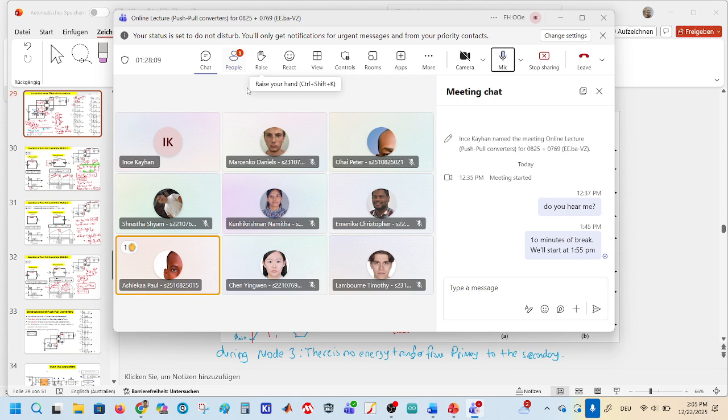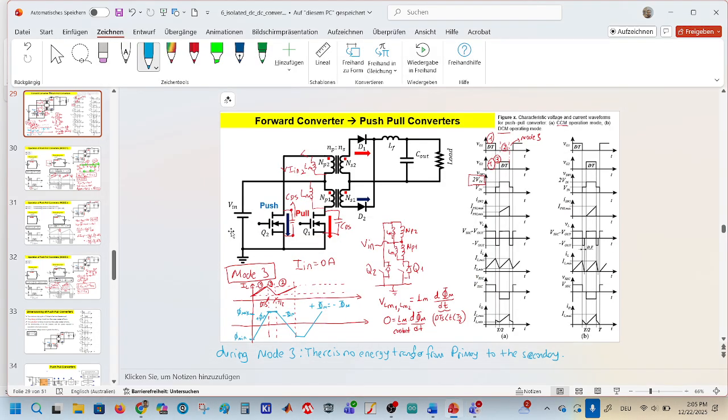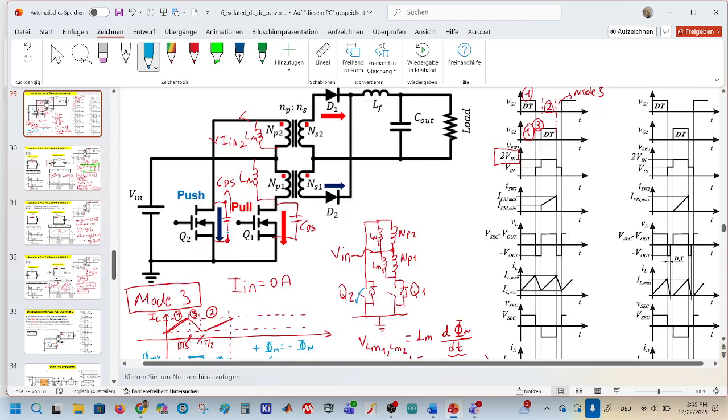Okay. You see these two switches here, and they are both open.